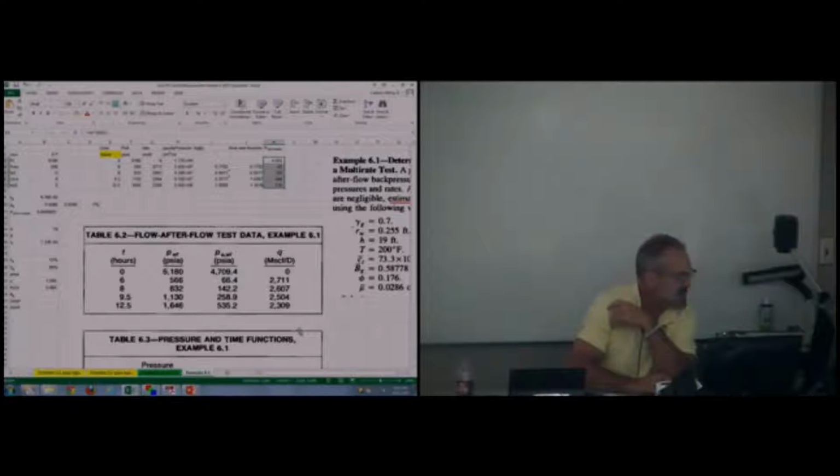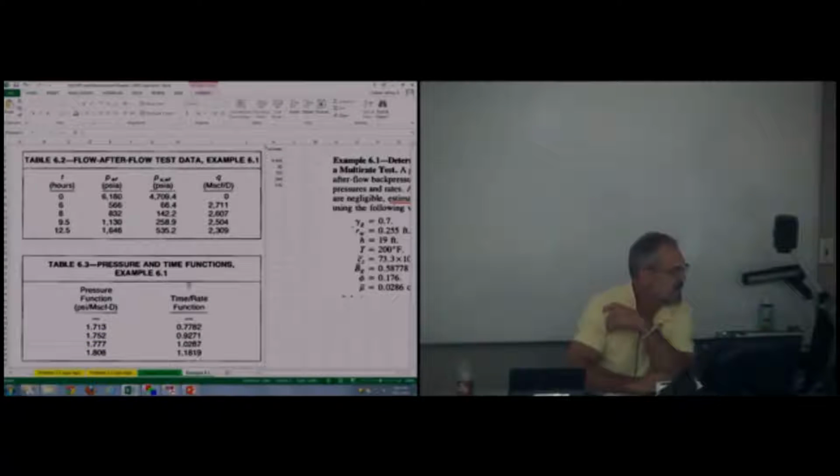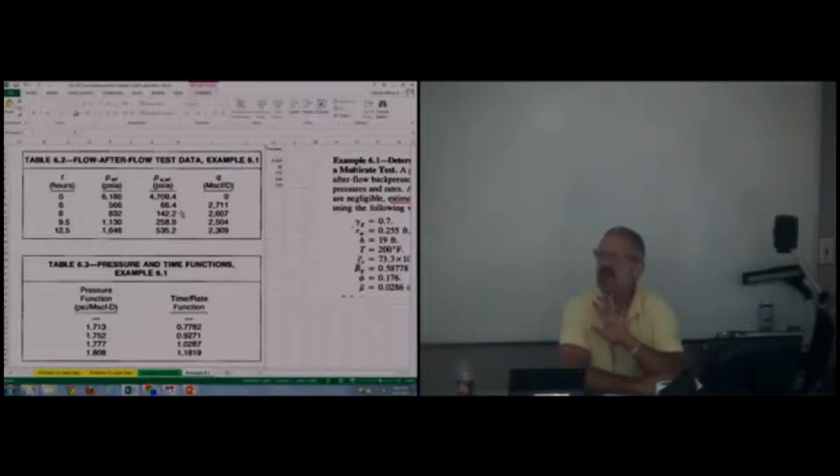And because my viscosity function is different, you see their 4709 becomes a 4455. Their 66 becomes my 62. Their 142 was 13. So you can see I'm the same order of magnitude, but I'm different. That's because my pseudopressure uses a different viscosity function than the textbook uses.